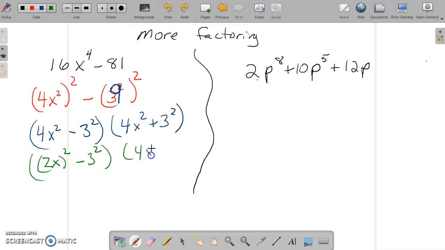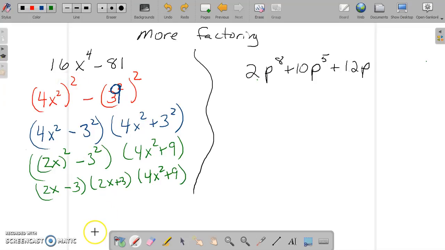Okay, 4x squared plus 3 squared plus 9. Can't do anything with that. But this right here is the same as 2x minus 3, 2x plus 3. So you're using stuff that you already know, it's just you're using it in several steps, okay, the difference of two squares.